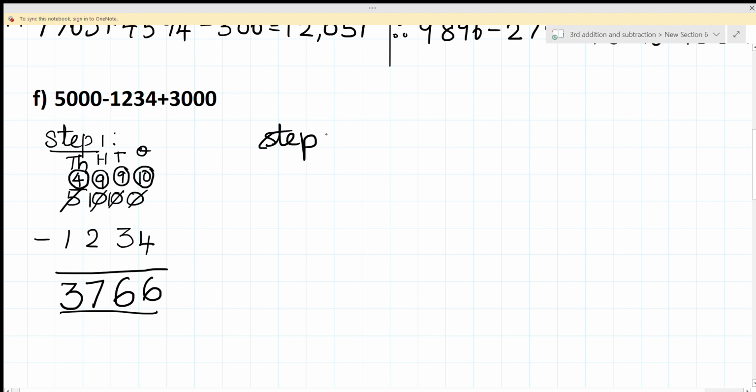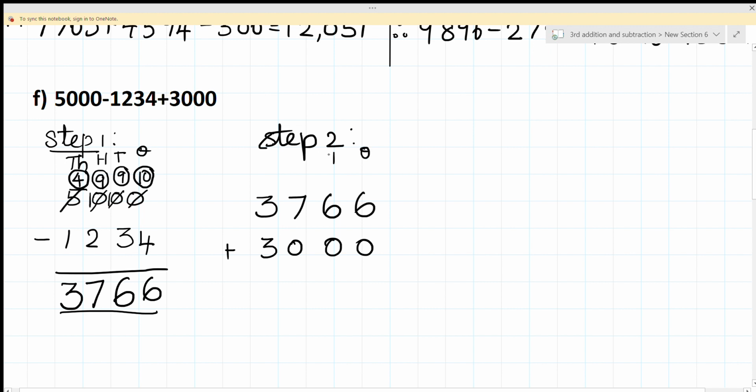Now we'll do step 2. In step 2, we are going to add the difference of first two numbers and the third number. The difference between the first two numbers is 3,766 and the third number is 3,000. Now add these two numbers.